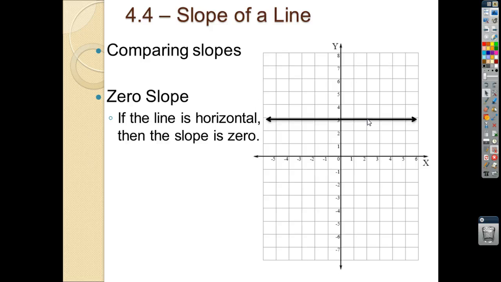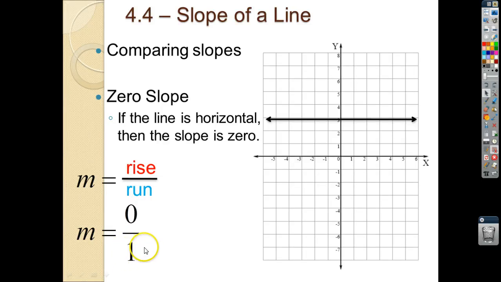You might remember something last year when we did interpreting graphs, where I would give you a graph and you had to tell me what the story was, or I gave you a story and you had to graph the representation of it. So in this case, you have 0/1, because as my input increases by 1, my output does not increase at all.